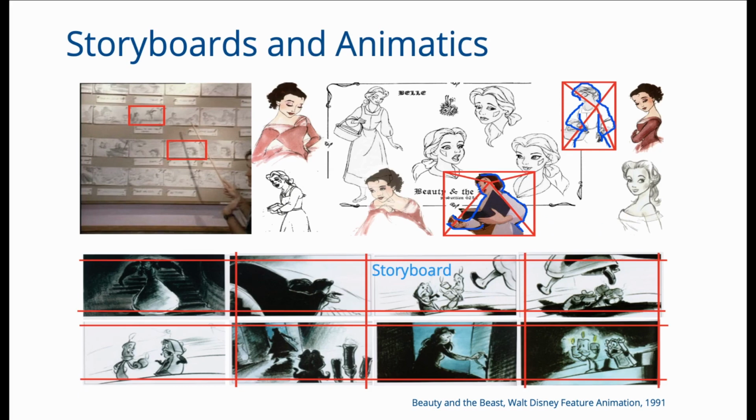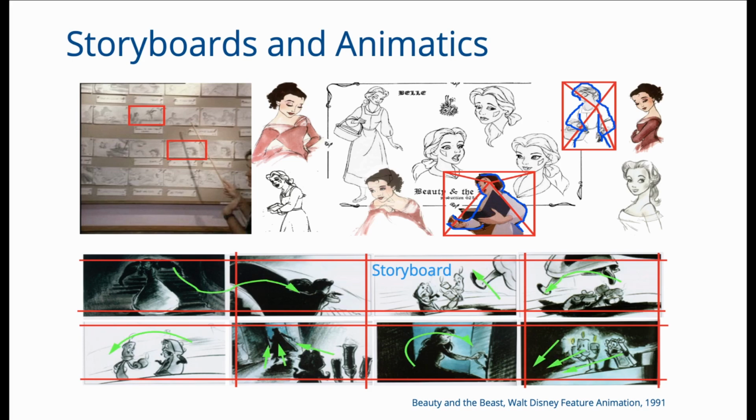Then you block out the animation in a storyboard. So here you can see Beauty rushing down a staircase, jumping over the clock and the candle or the candelabra, and then just going out of this door, right?